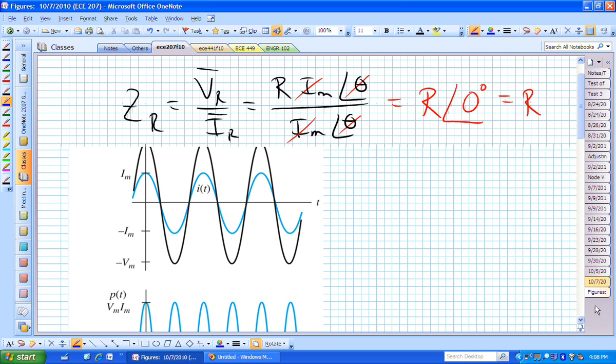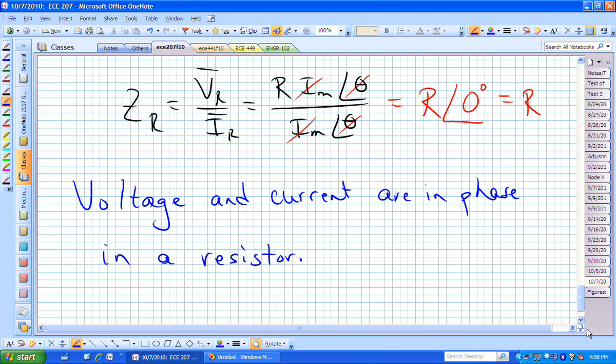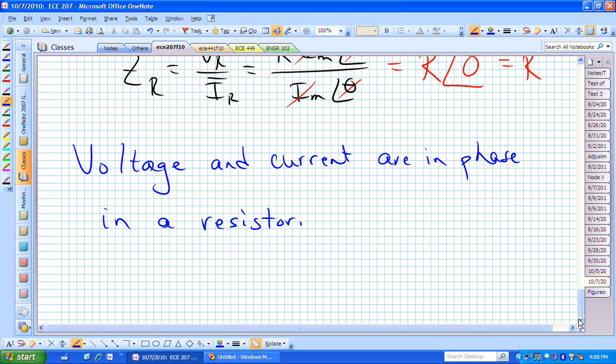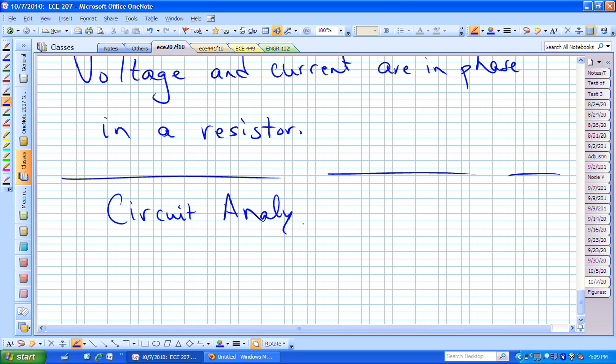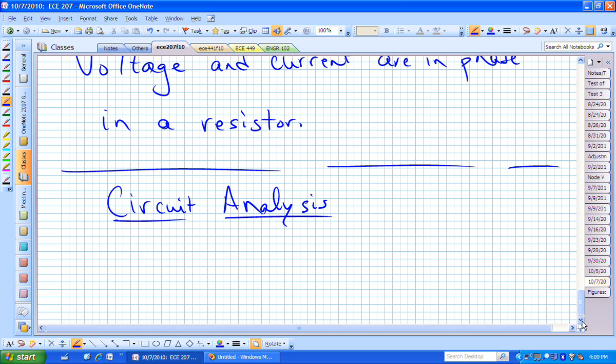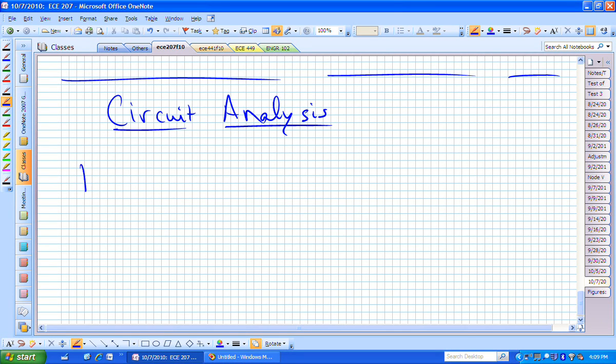Now we have all of these complex impedances that we need to analyze a circuit. And why don't we just open up our textbooks and do some circuit analysis? In particular, let's work one of these problems that's in the book.